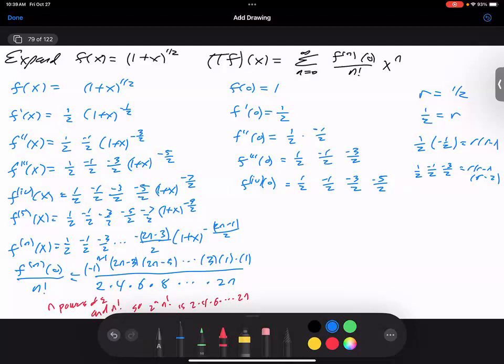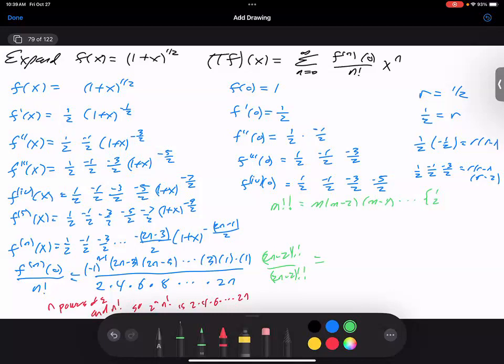It's missing the evens. And so it might have actually been a bad idea for me to simplify things like this. Let's put in the evens. So I'm going to introduce the notation m double factorial means m times m minus 2 times m minus 4 dot, dot, dot, all the way down to either 1 or 2. Double factorial means every other. And so what we're missing here is I'm going to multiply by 2n minus 2 double factorial over 2n minus 2 double factorial.